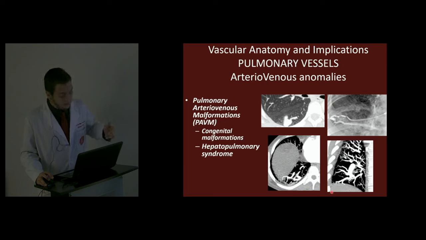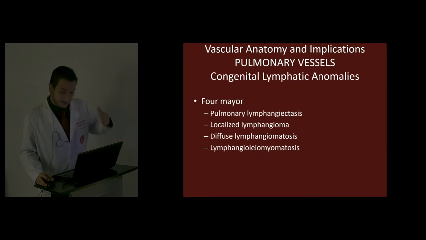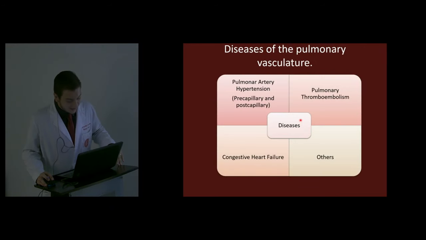This is hepatopulmonary syndrome, and it's an acquired form. Just to mention some congenital lymphatic anomalies, we have lymphangiectasia, localized lymphangioma, diffuse lymphangiomatosis, or as Dr. Lorena likes to say, lymphangiomyomatosis. We're not going to talk about them in this section.